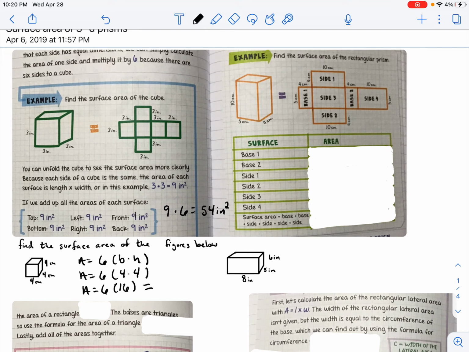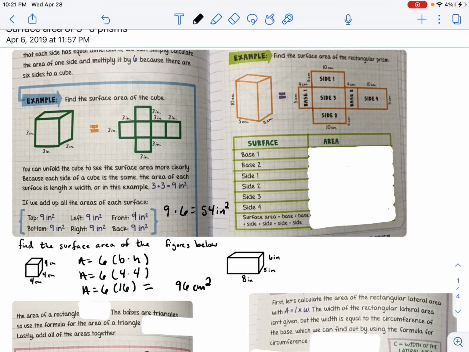And when you multiply 6 times 16, you get 6, carry the 3, 96. And that would be in centimeters squared. So once again, it's just the surface area of one of them, and then that times 6.